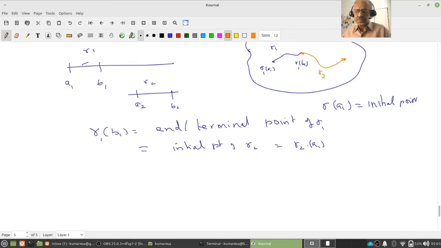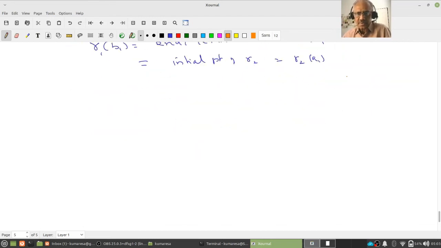Pictorially I have a path from gamma 1 of A1 to gamma 2 of B2. If you call this point P and this Q, then I have a path from P to Q. There is an intermediate point, gamma 1 of B1, which is the same as gamma 2 of A2.